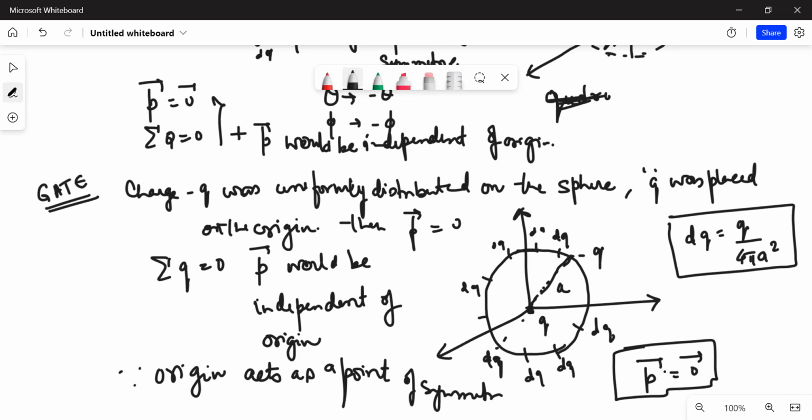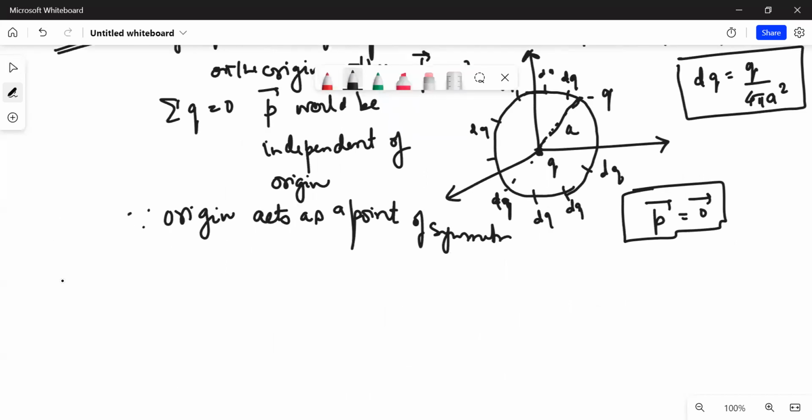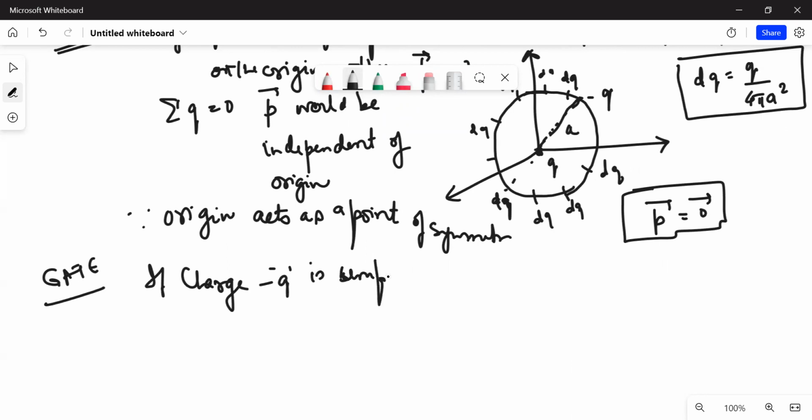Okay, is that clear? This is the information that was given in the exam, so I'm not writing much. Another question was asked in the GATE exam: charge minus q is uniformly distributed on an ellipsoid. I'm not going into the ellipsoid because no parameters were given in the exam.